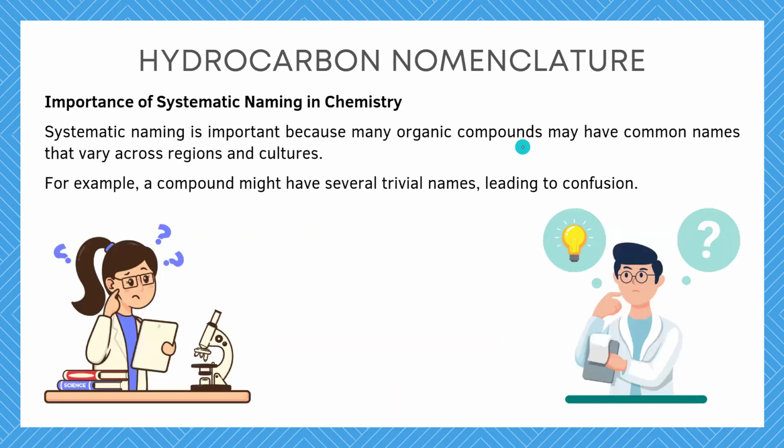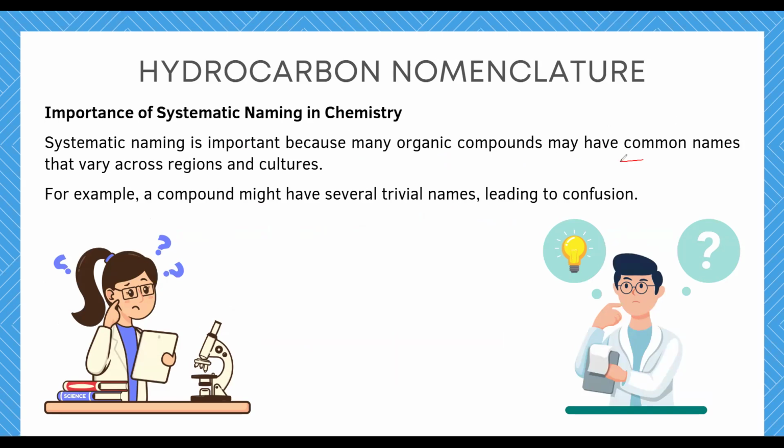So here is the importance of the systematic procedure of naming in chemistry. It is very important because many organic compounds may have common names that vary across regions and cultures.